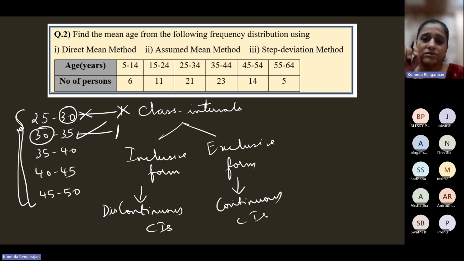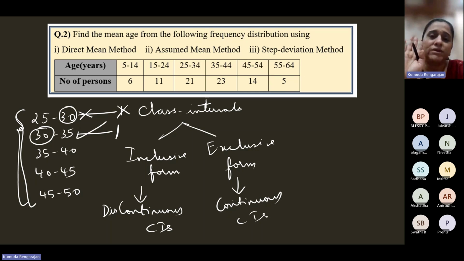If the upper limit of a class interval belongs to the lower limit of the next class interval, then it is continuous or exclusive form, because the upper limit is excluded from that class interval. Excluded means not included. So the definitions are as simple as this.